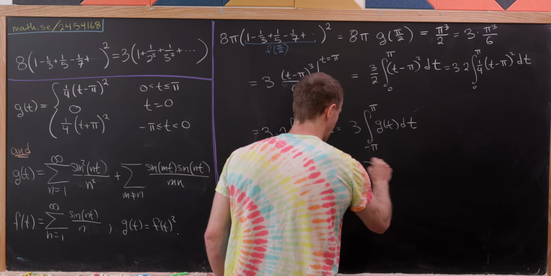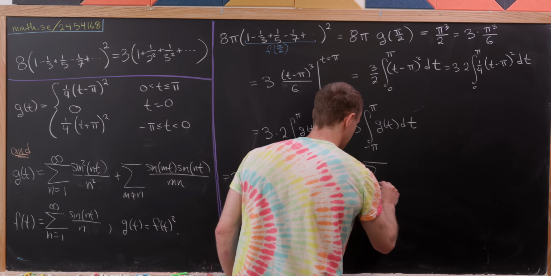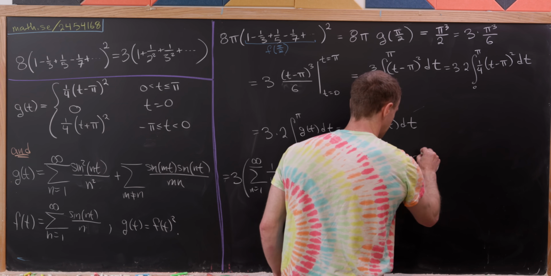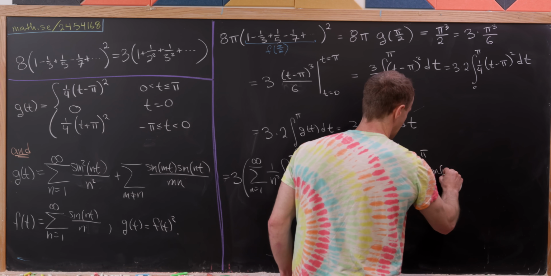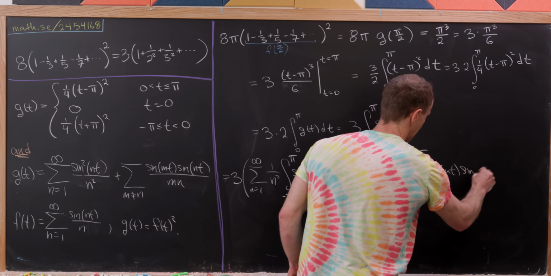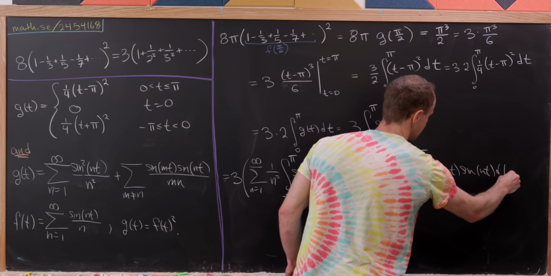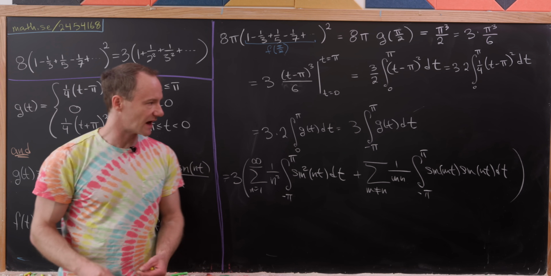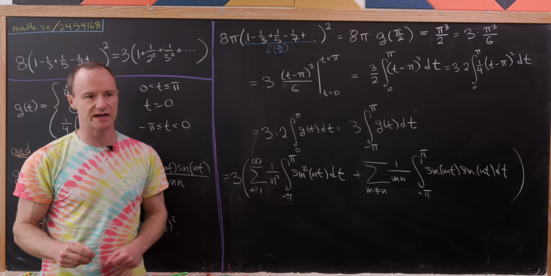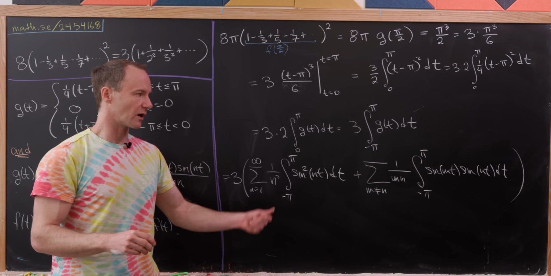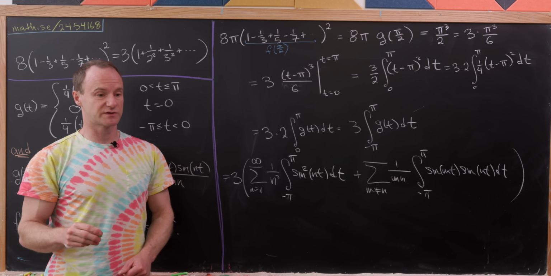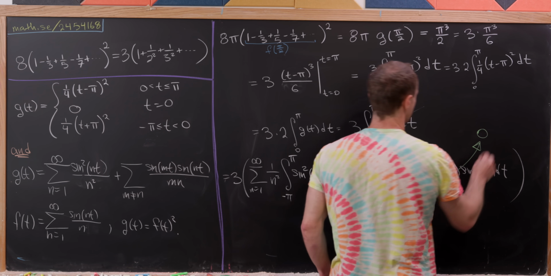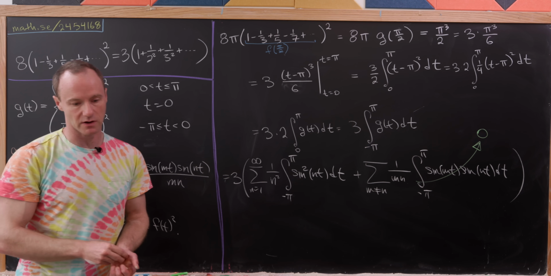And then we'll have plus the sum over m not equal to n of 1 over m times n, and then the integral from minus pi to pi of sine mt sine nt dt. And then I think it's well known that the sine functions, sine mt and sine nt, are orthogonal, where we view this as some sort of inner product. And so this integral right here will give us 0.